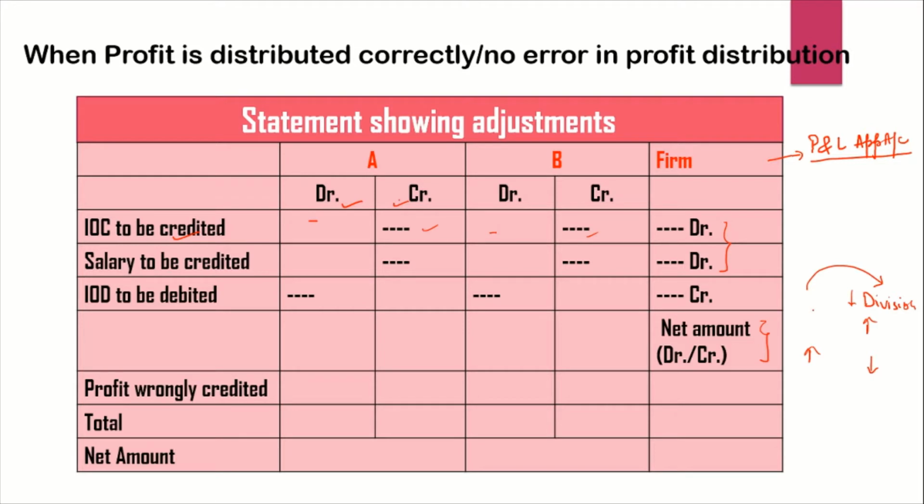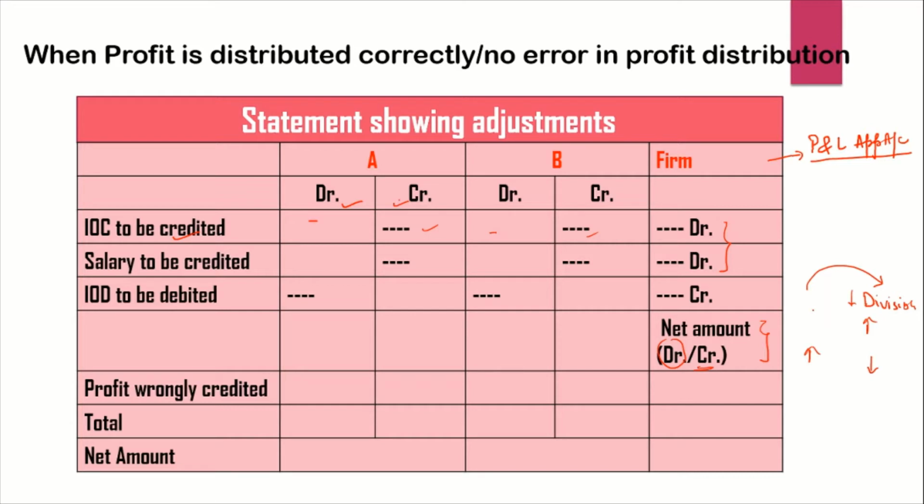So here, whatever is more after deducting, you are going to write it in reverse. That means if credit is more and debit is less, you are going to write debit here.